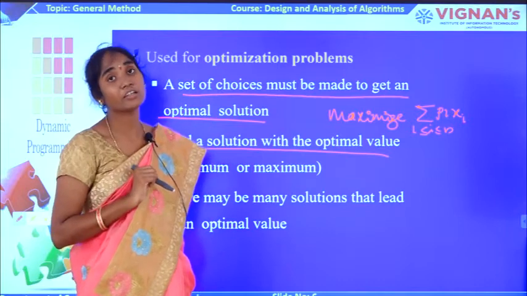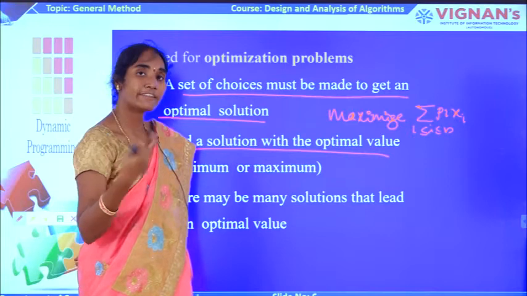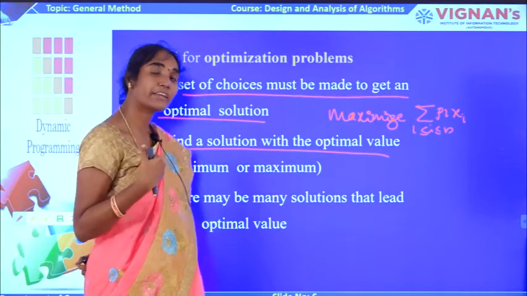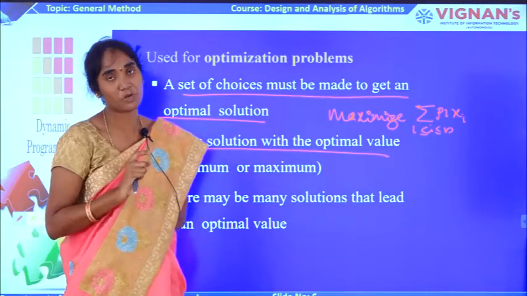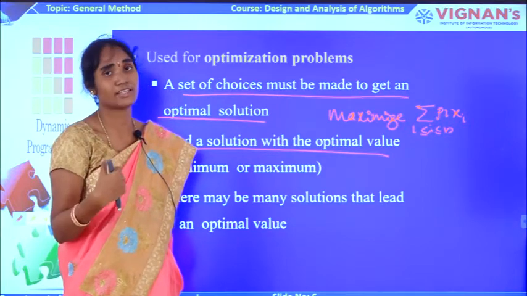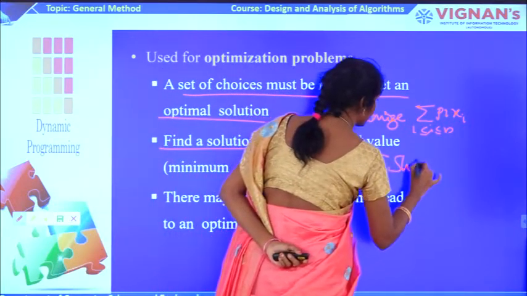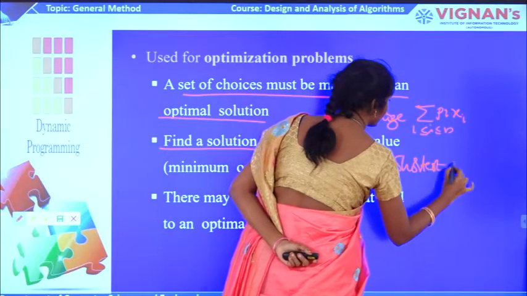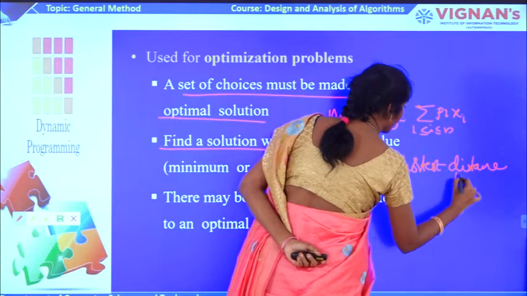Whereas if you are finding a route from one city to another city among 5 cities, in that case what I require is to reach my destination as early as possible. So here I require a shortest distance to reach my destination, right? I require a shortest distance. So this problem comes under a minimization problem.